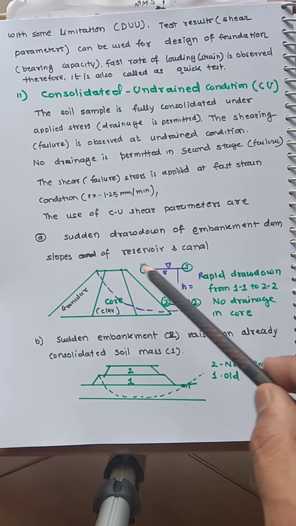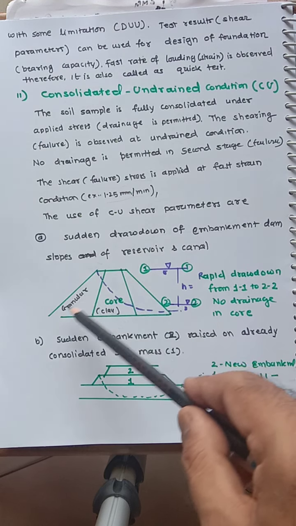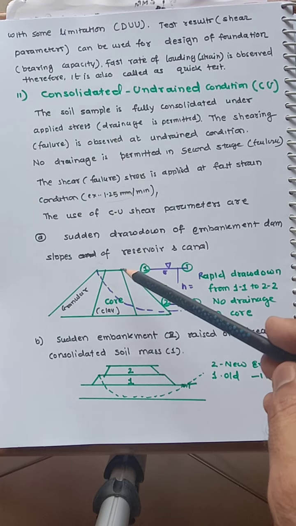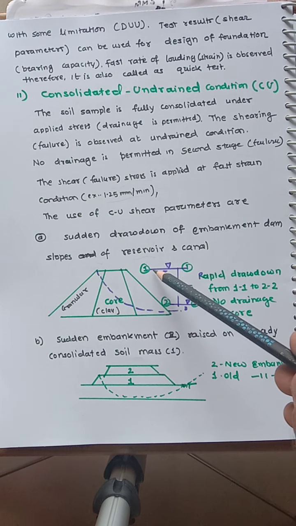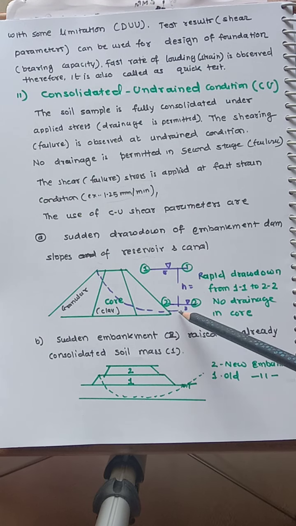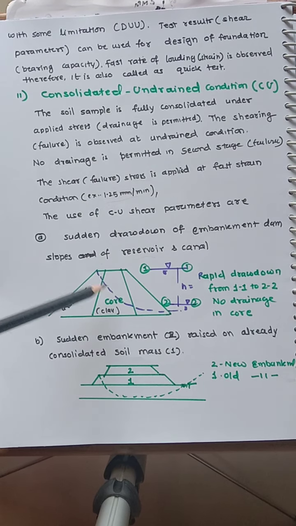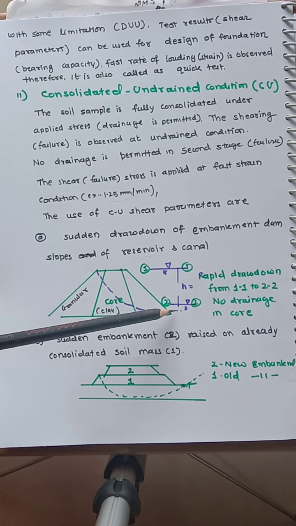Okay, this is, suppose, the embankment dam. Suppose these are the two levels, 1 to 2. In an earthen dam, what happens when the water table is suddenly drawn down in certain conditions?